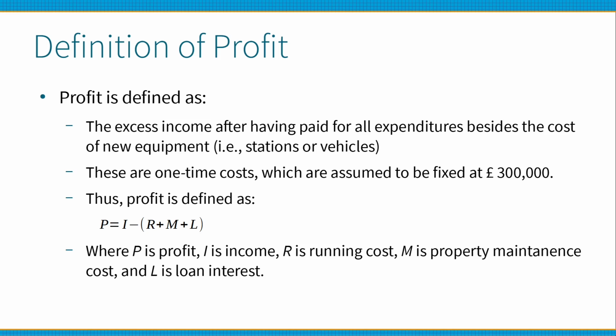So in this case, we have profit defined as the income minus all of the recurring costs, including the running cost for the vehicles R, the property maintenance M, and the loan interest L. And this one's really interesting because normally this would be pegged down at £6,000 a year. However, if you go into debt, it can actually be greater.